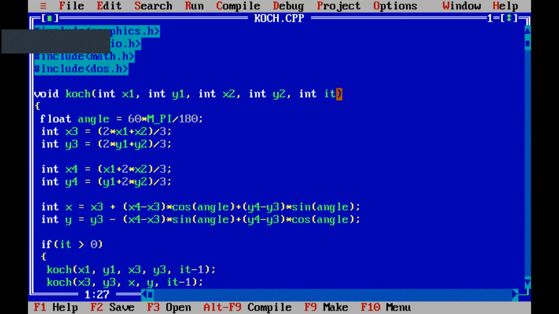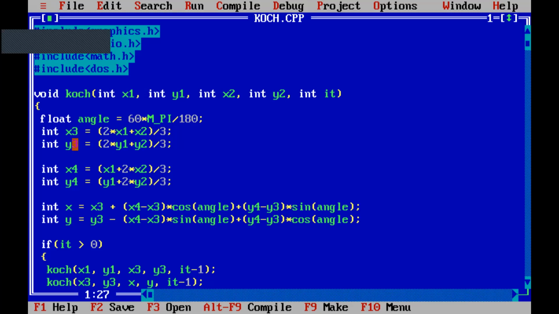And then I am taking one argument which gives the iteration number. First, I am calculating the angle, that is 60 degree. I am converting it to radian, 60 into pi whole by 180. I need to convert the angle into radian so that I can use the cos and sine functions.